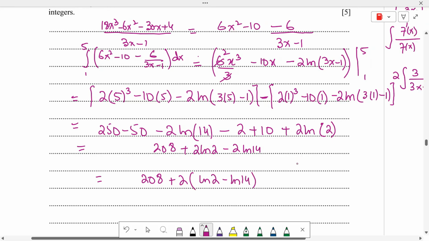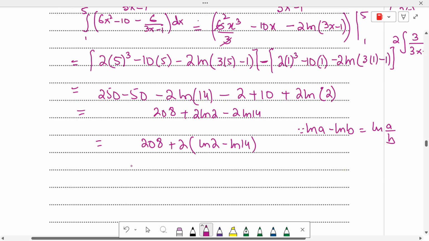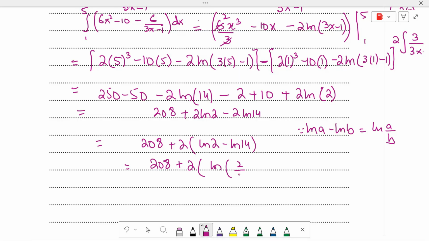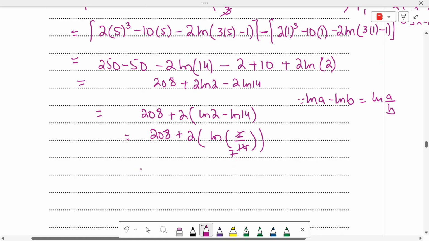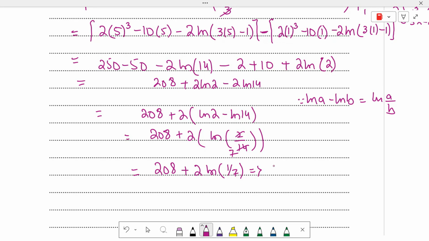Here we will use the ln property which says that ln a minus ln b is equal to ln a over b. So this will be 208 plus 2 ln 2 over 14, and this is equal to 1 over 7. So this can be written as 208 plus 2 ln 1 over 7. Then we use another property which says that a ln b is equal to ln b to the power of a.